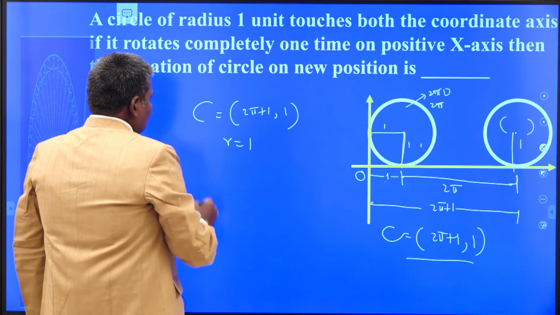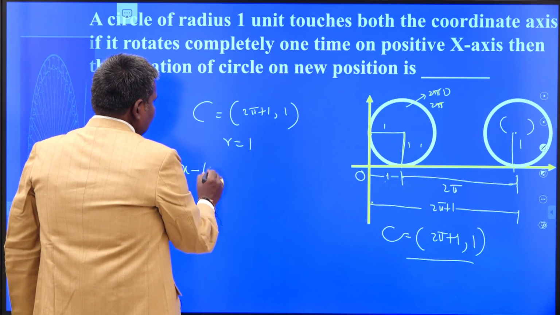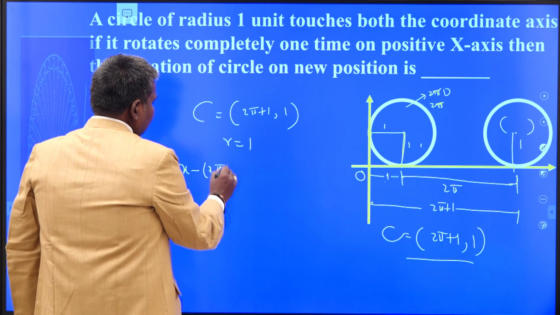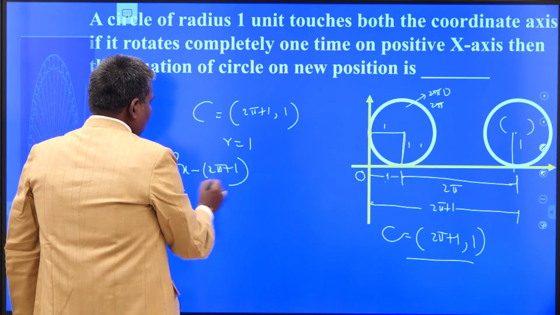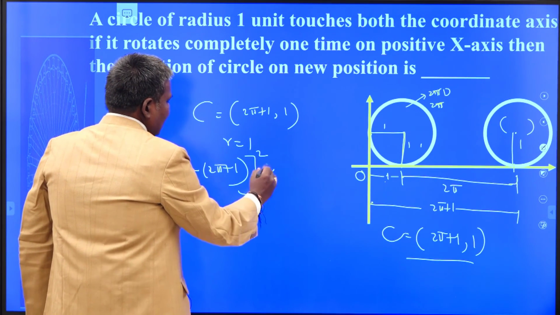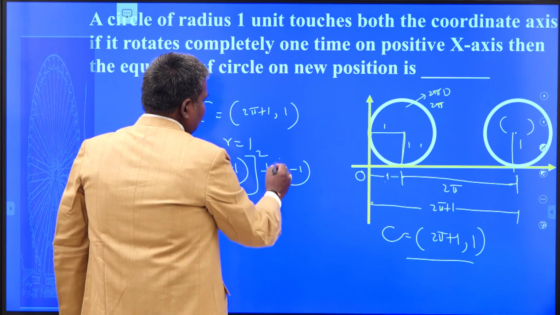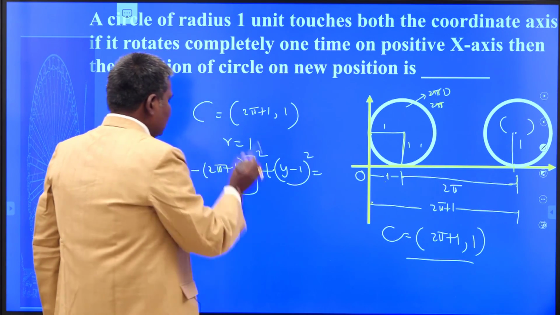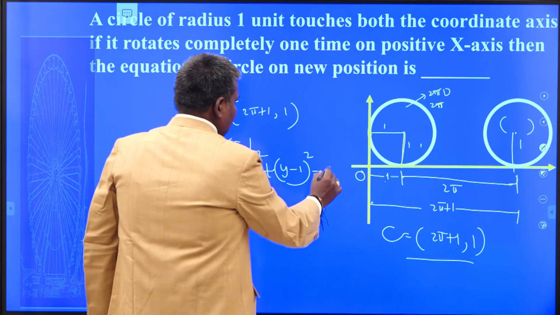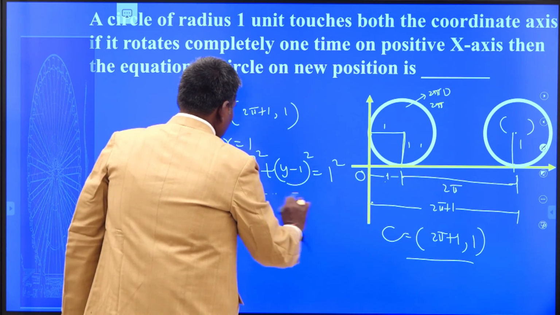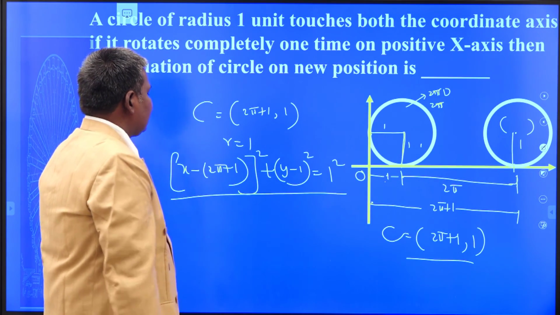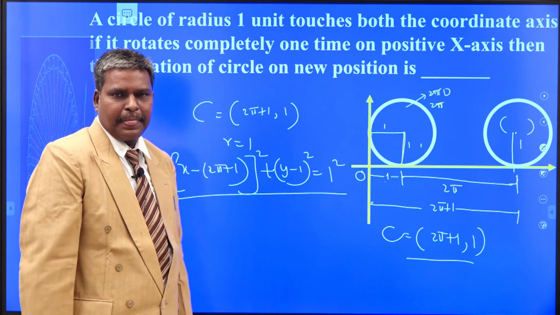Radius is 1. So what is my circle equation? (x minus (2 pi plus 1)) whole square plus (y minus 1) whole square equals r square. r is 1 here, so that is 1 square. In this manner, we can write the equation of the circle.